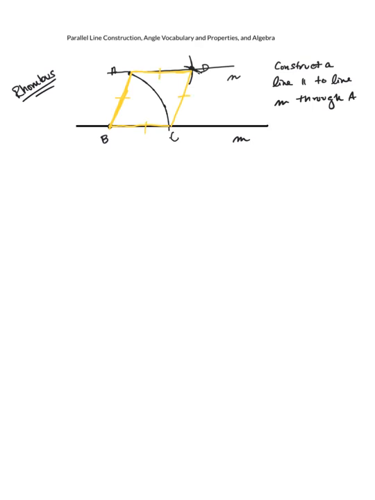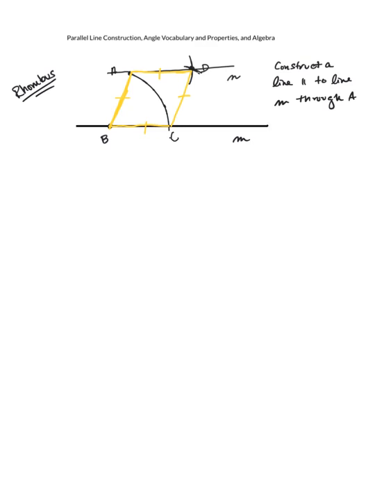So that's what's going on with this construction, is that you're making this line N parallel to line M, because you're making a rhombus working in the background and the opposite sides are parallel. Okay, that's the rhombus construction.